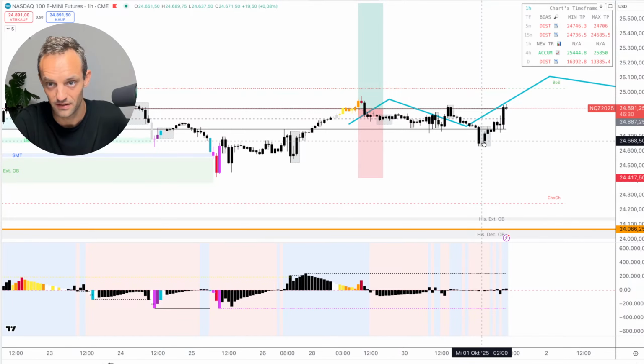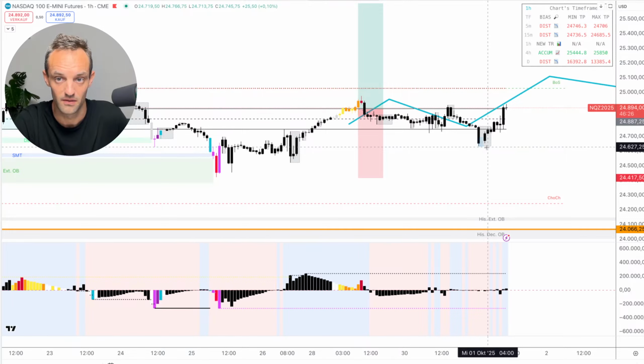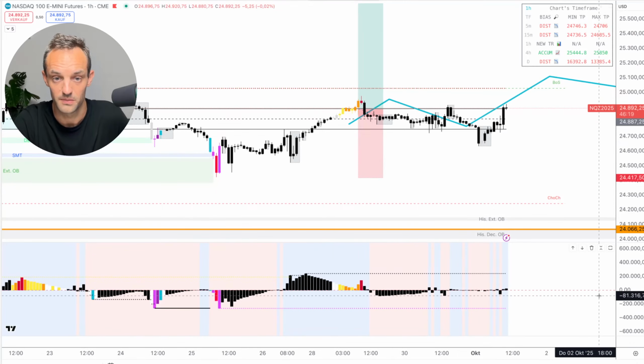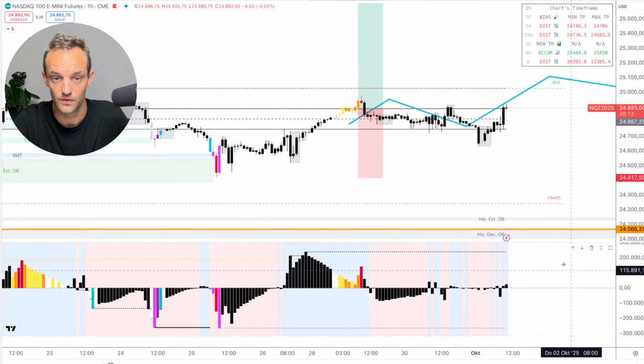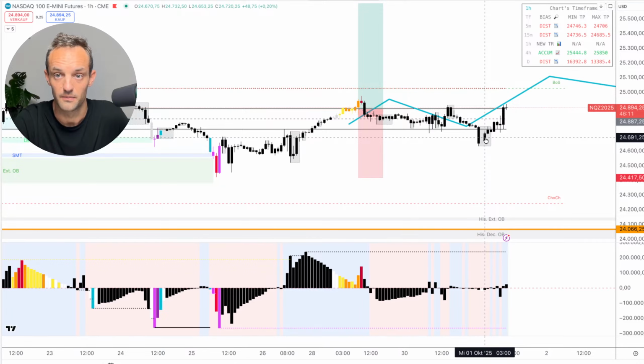It's a gray candle. That's why we don't see it behind the gray background of this inside bar. But you know what I mean, right? It's like this. This is a good entry opportunity for a long trade.